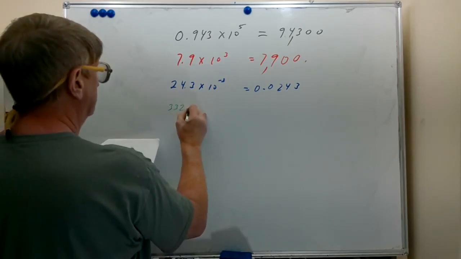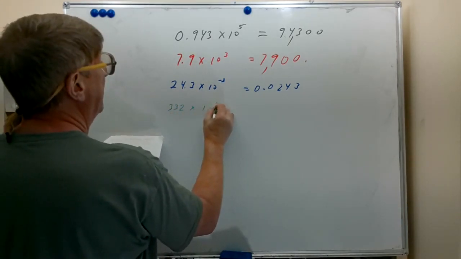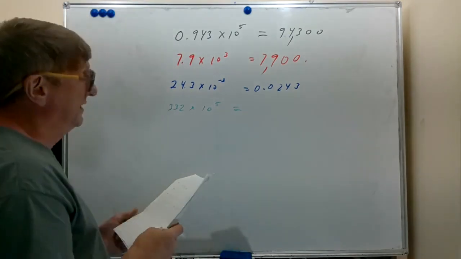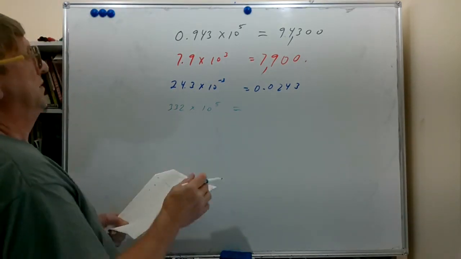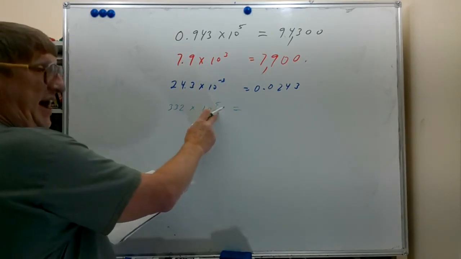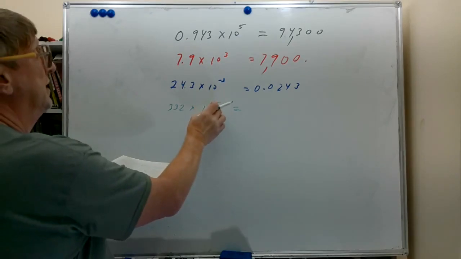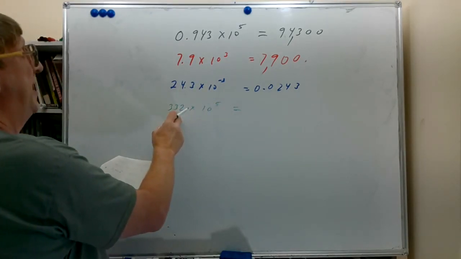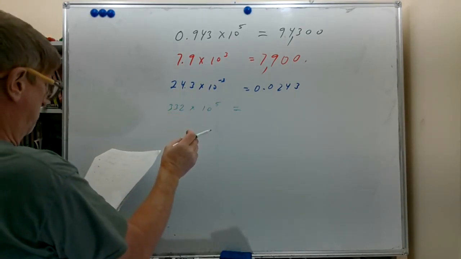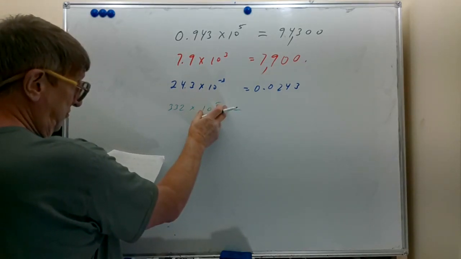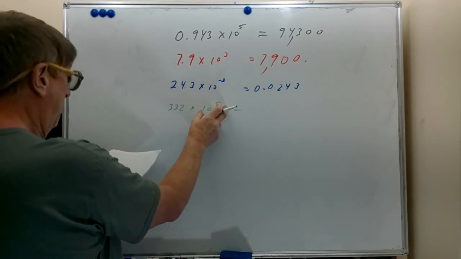332 times 10 to the negative 5. We want to express this as a regular number without a power of 10. We're going to be making this thing go from 5 to 0, so we're going to move the decimal place 5 to the left. Oh, this is a negative 5.